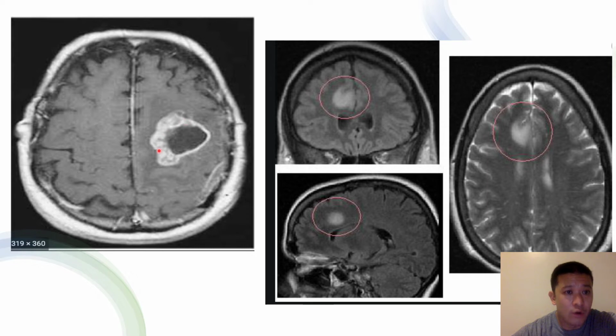As you can see, the most common intraaxial brain tumors are cerebral metastasis, or mets, or glioblastoma multiforme, or GBM, WHO grade 4 glioma. These are intraaxial tumors. As you can see, all its margins are contained within the brain parenchyma.